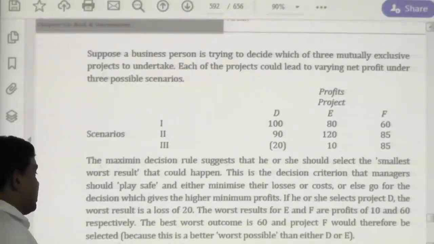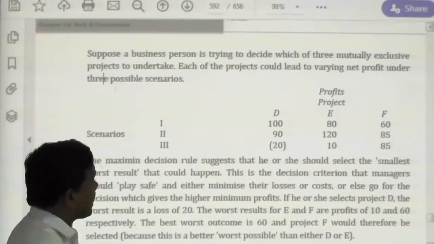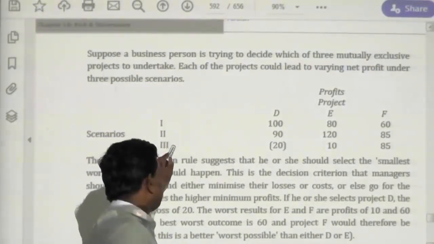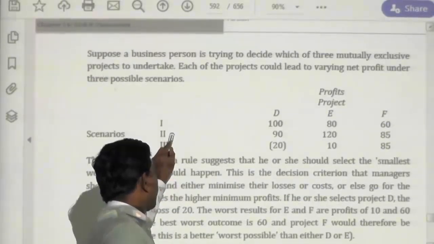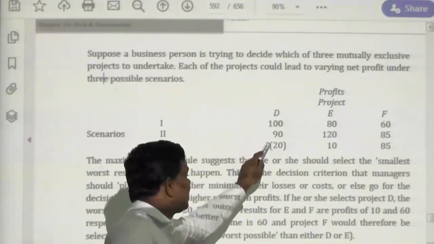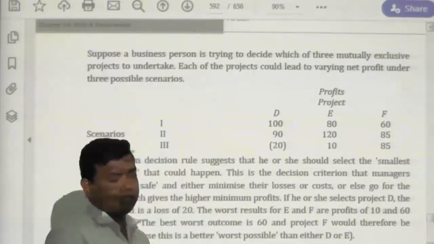Now our question: which project do I select? This cannot be assigned probabilities. You don't have a probability given under each economic scenario. If you had a probability under each scenario, you would multiply each number by the percentage and take the expected value.